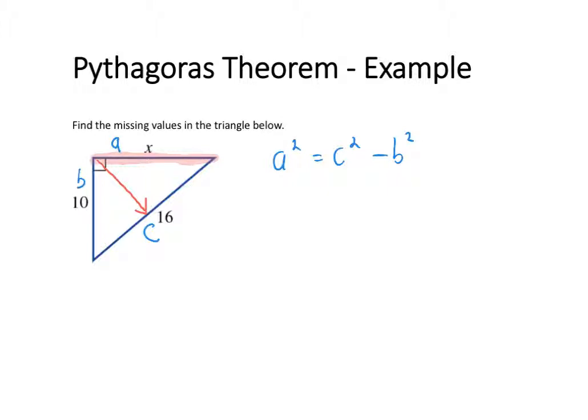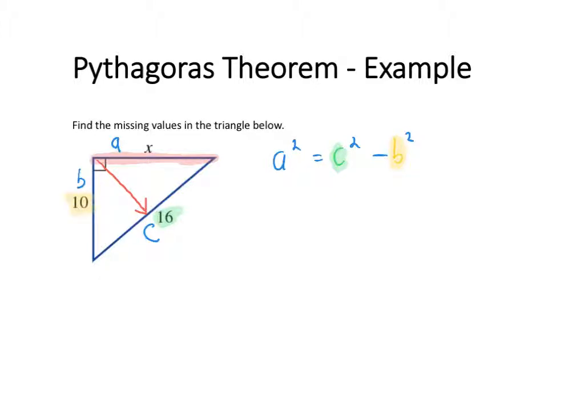So now that I've got my formula, I need to go through and identify the values that I'm going to substitute in. So I need a value of c, and my c side of my triangle is 16. So I would substitute 16 instead of c. I would also substitute a value for b. So having a look at my b value, which is 10.